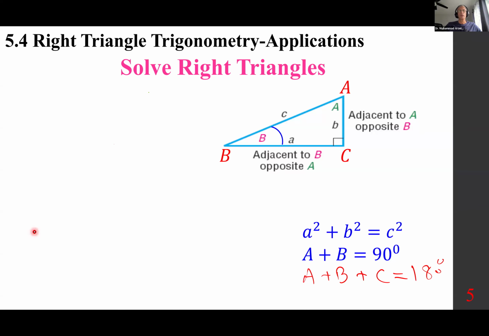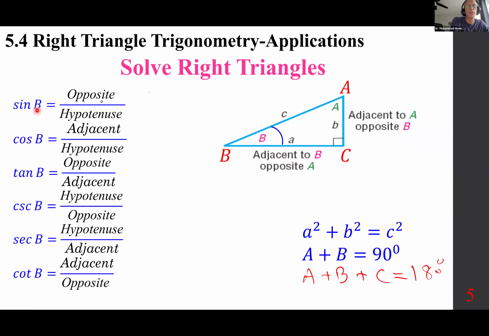So this angle is B. By definition, sine is the opposite over hypotenuse. Cosine is adjacent over hypotenuse, and the rest follow in the manner that tan is sine over cosine. Cosecant is 1 over sine, secant is 1 over cosine, and cotangent is 1 over tangent.